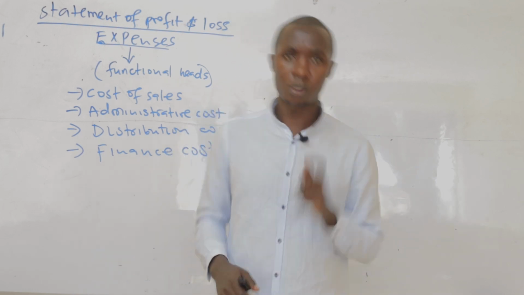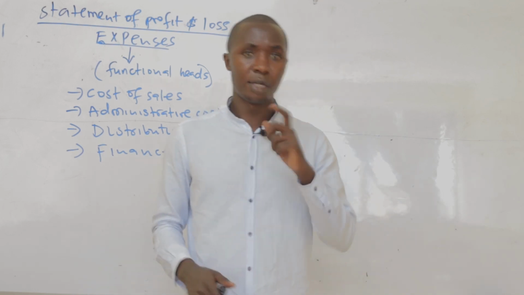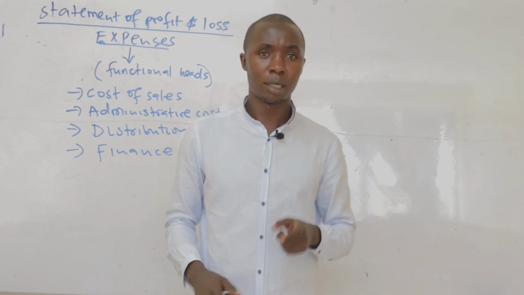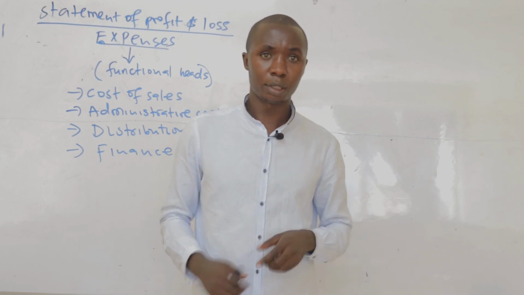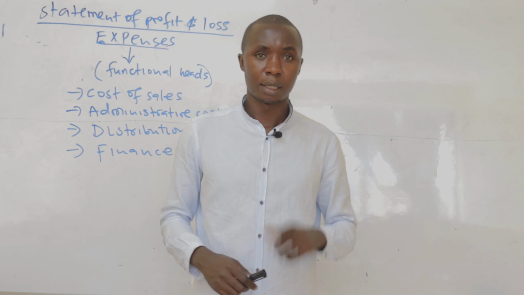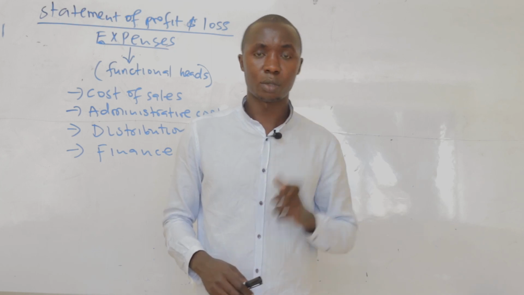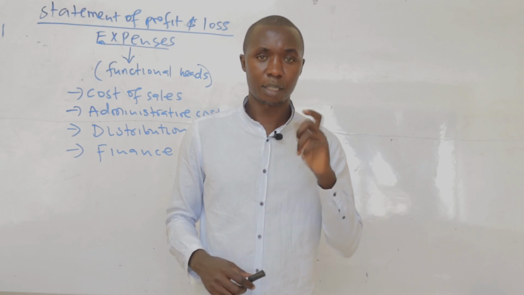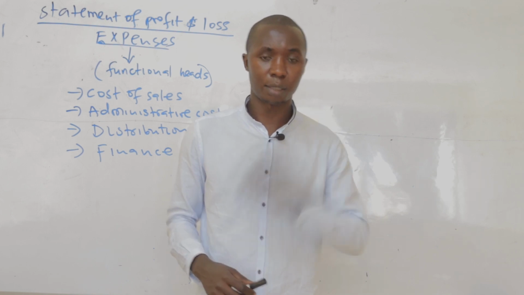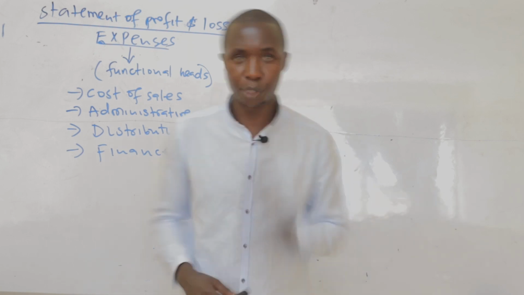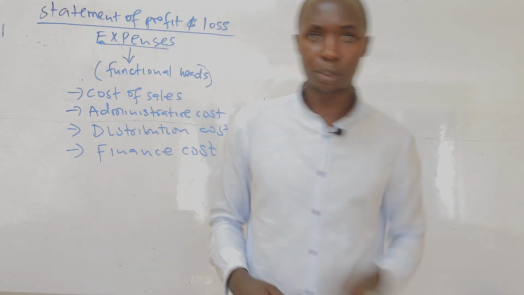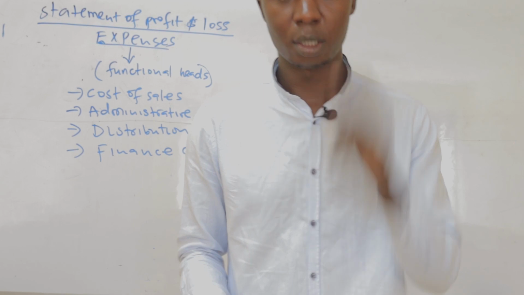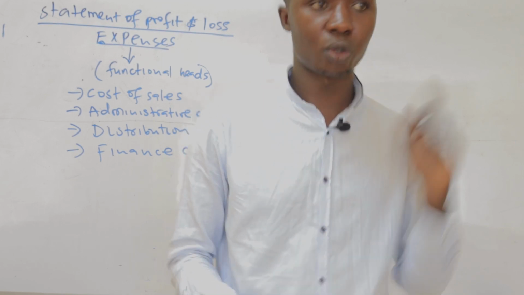So let us do one question of December 2021 from the financial reporting CASNEB exams, question 5, to be specific, CPA. Let us check on that question so that we can understand well what you are required to do.